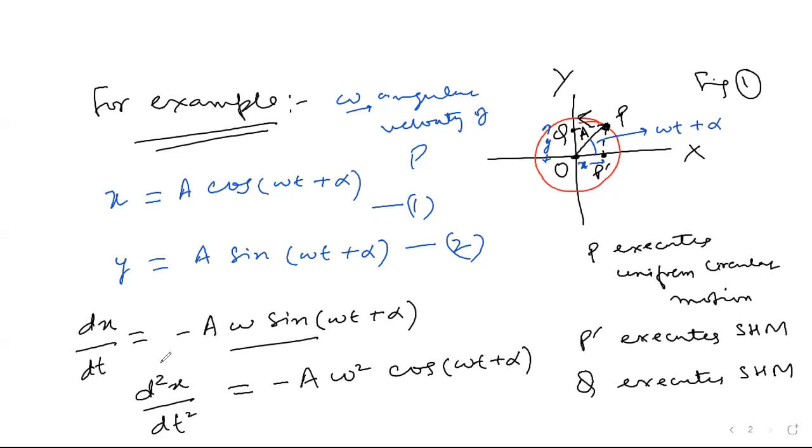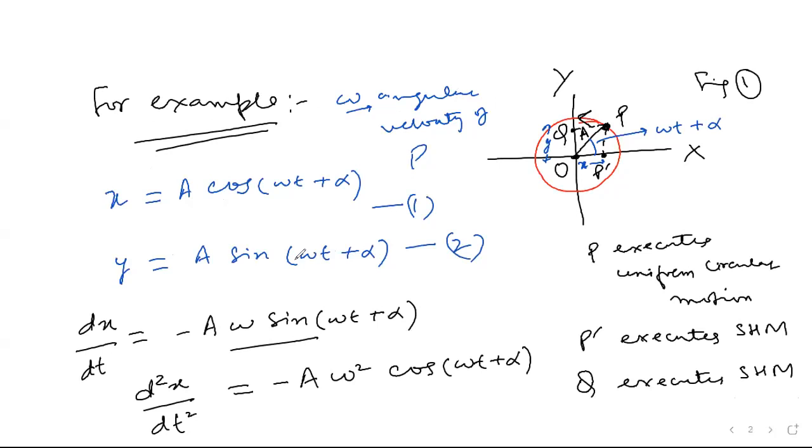This is velocity and acceleration for P prime. Now we want to find the velocity and acceleration for Q. For that, we have to differentiate y with time once and twice. So let us find dy by dt. dy by dt is a omega cos omega t plus alpha. When you differentiate this, derivative of sine is cos, and you get one more omega outside.